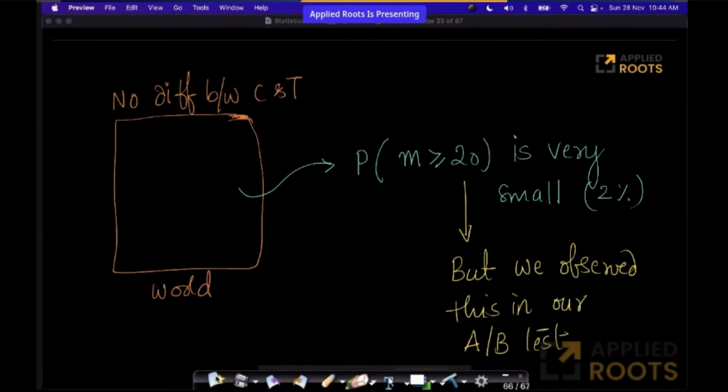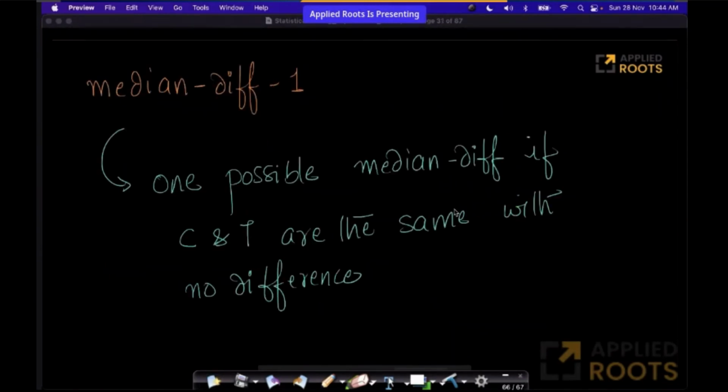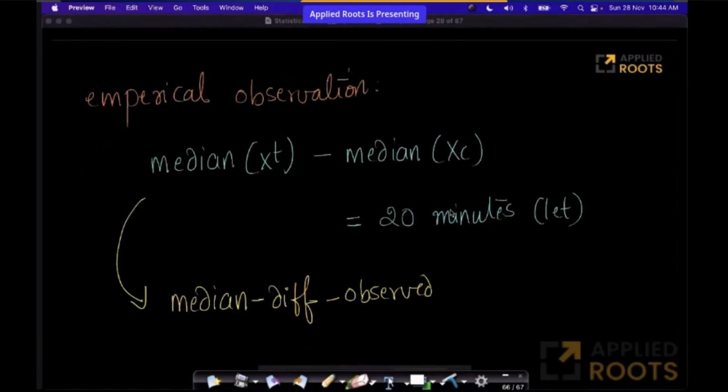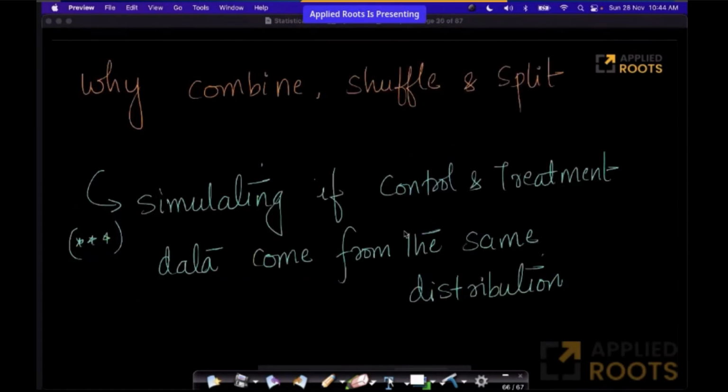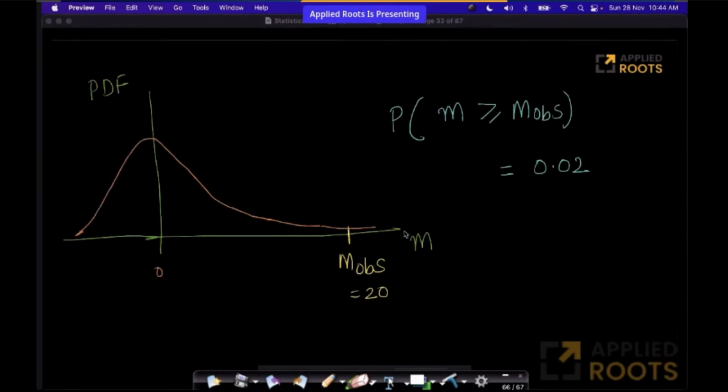Which means, but remember, we already observed this value of 20. We started off here. This is an empirical observation from our data. We can't say our observation is incorrect. Your observation is truth. Now the question you have to ask yourself is this.